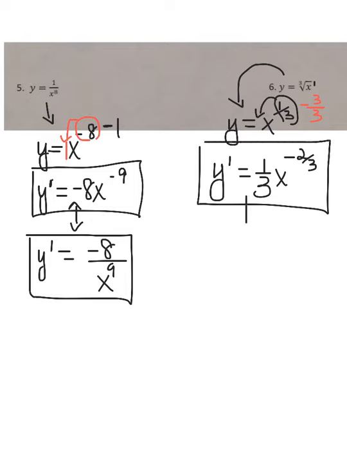Now, I'm going to show you something, and again, for the same reason as number 5, it's just an introduction, so just relax a minute here. All right, so I am going to look just at the fact that I have 1/3 here, right? So if I were rewriting that, the 1 would be here and the 3 would be here, correct? The next thing you need to look at is I do have a negative exponent. And remember, negative exponents can become positive if I switch their position. So in other words, this right now is in the numerator. I'm going to put it down here in the denominator. So that's going to give me x to the 2/3 down there, right?